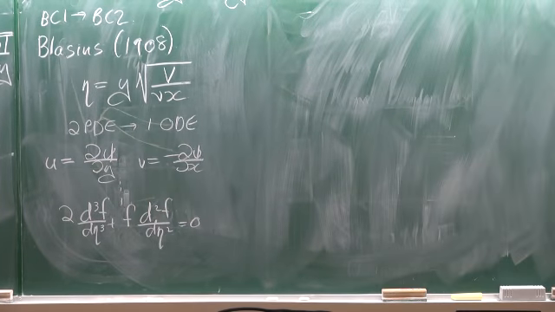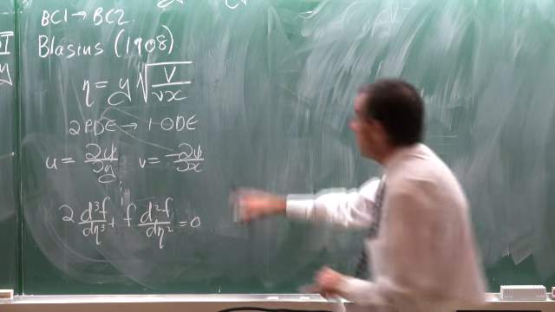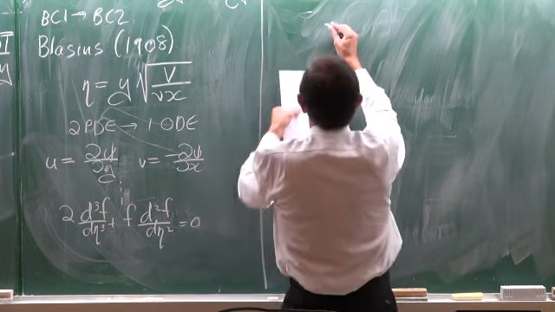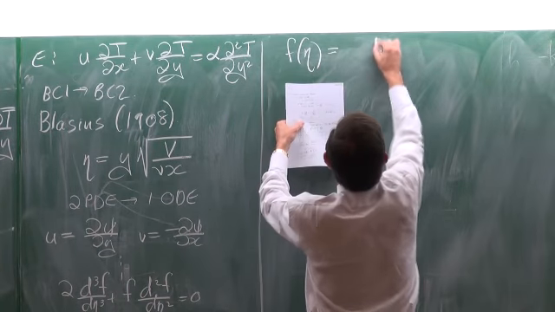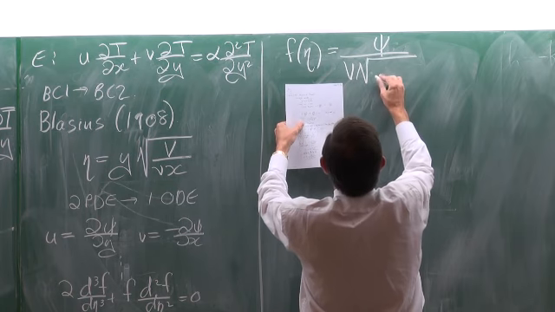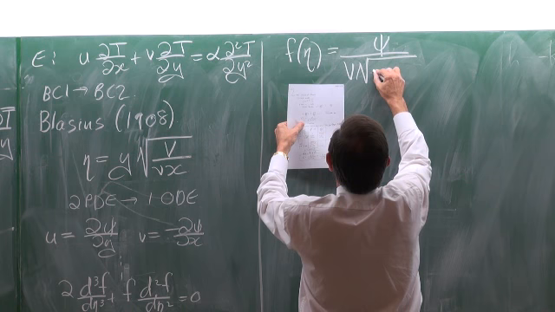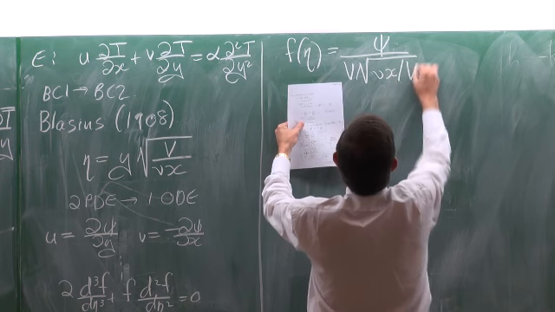So he figured out how to do that, where f is a function of eta, and that is equal to the stream function divided by the square root of the velocity times the kinematic viscosity multiplied by x.